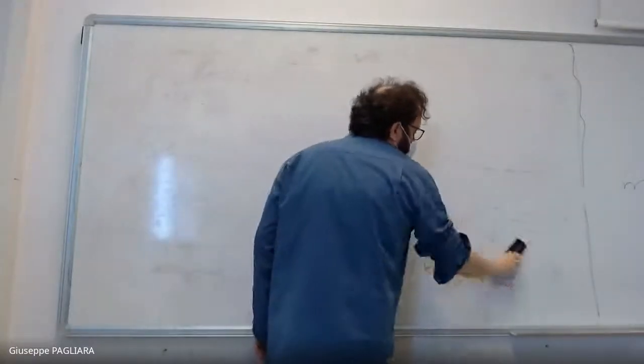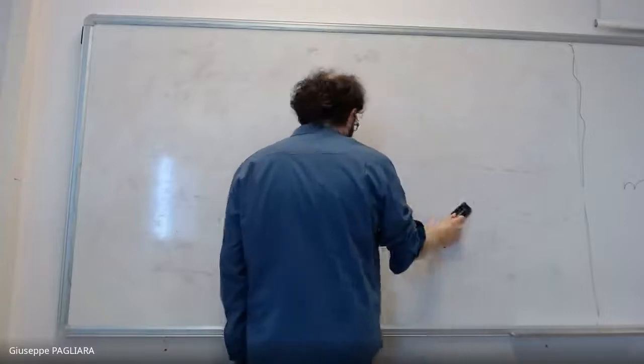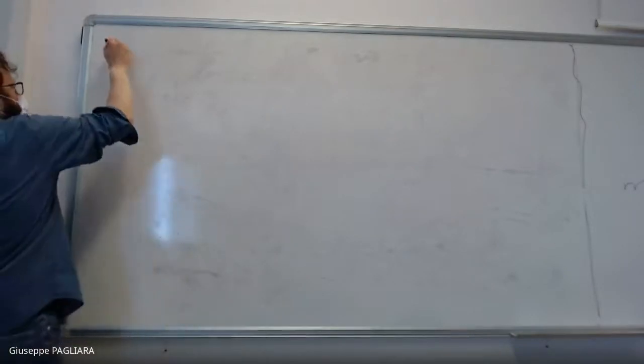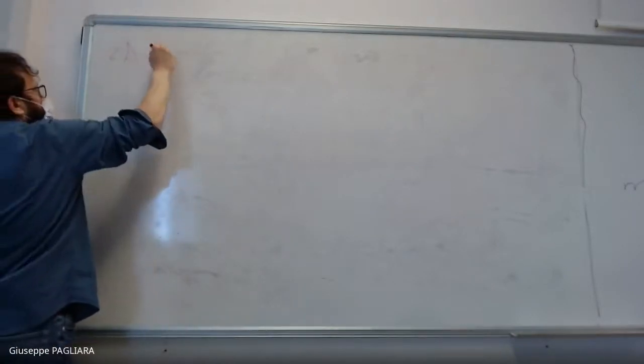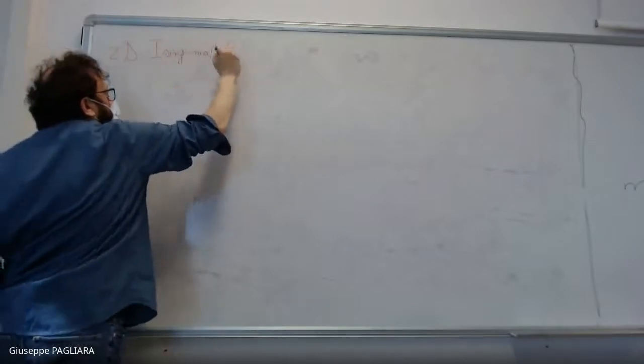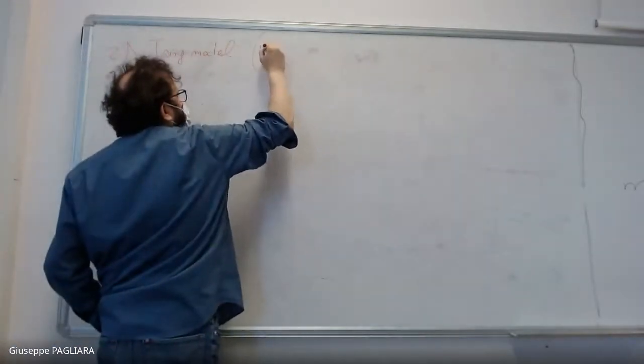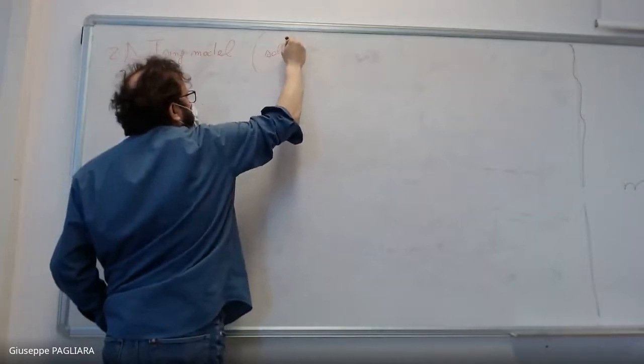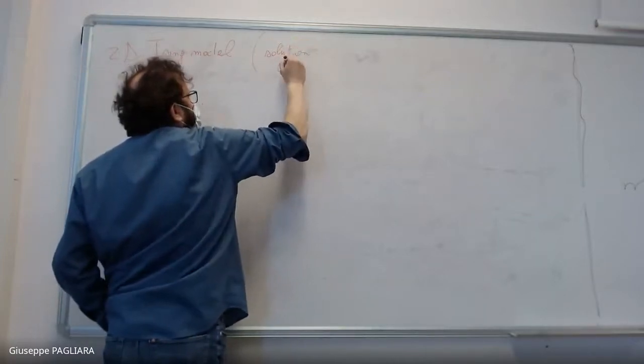If you are interested, you can have a look at the book of Kerson Huang, in which there is the derivation of the solution for the 2D Ising model, the solution of Onsager.